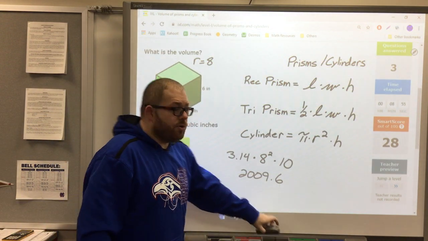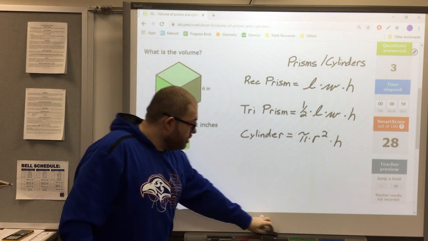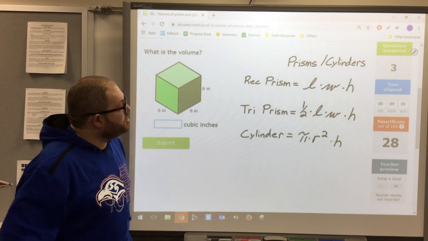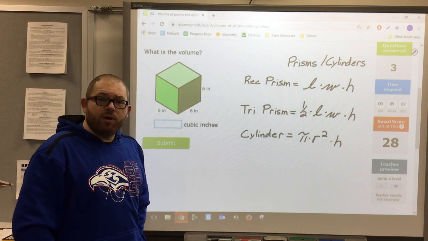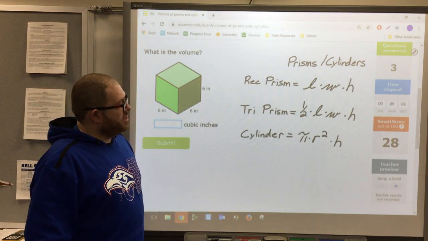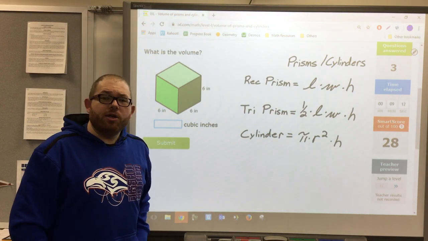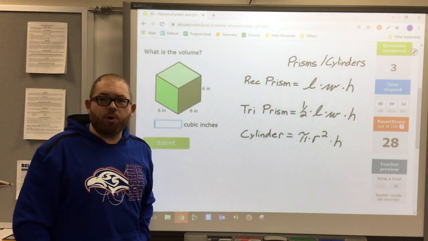And there you guys go. You can see our score has improved. So that should take care of all of the different types of questions you could see related to rectangular, triangular, prisms, or cylinders. Now, once your score gets higher, you could see much more complicated problems.